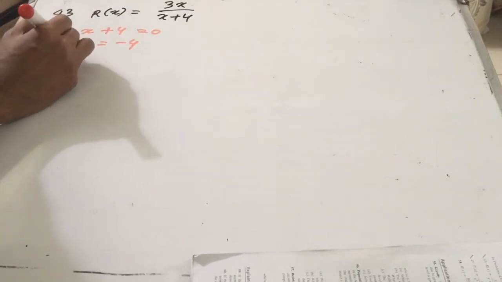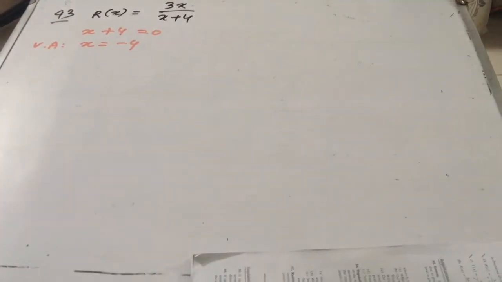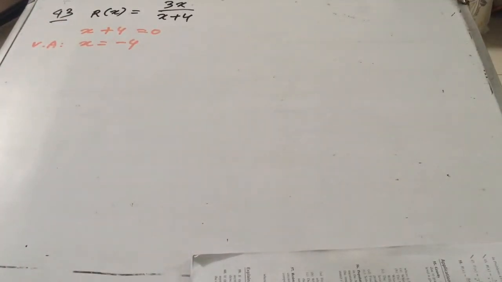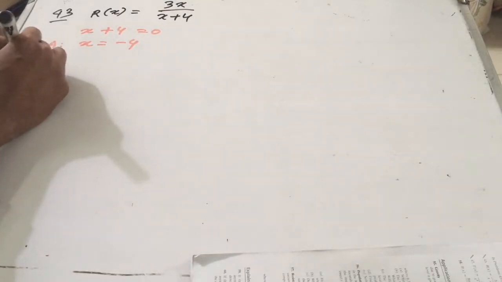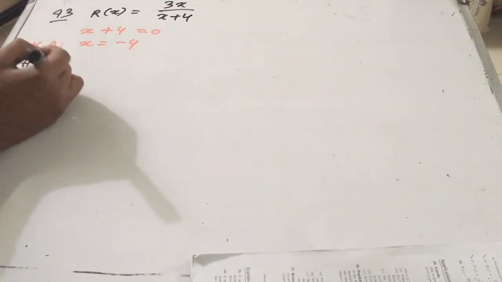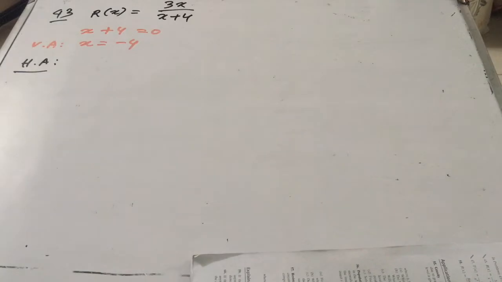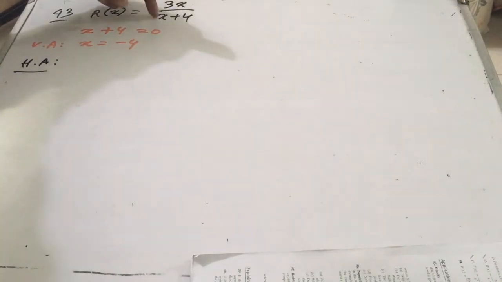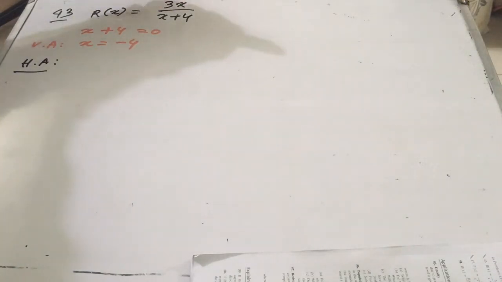Can you read it from there? Yeah, this is readable. So this is the vertical asymptote. Now we have to look at if there is any horizontal asymptote here and if there is an oblique asymptote here. In this question, if you see the power of the leading variable, this is x to the power 1, this is x to the power 1.